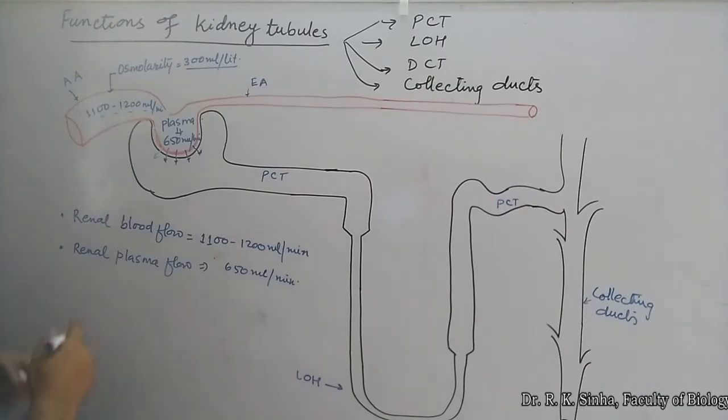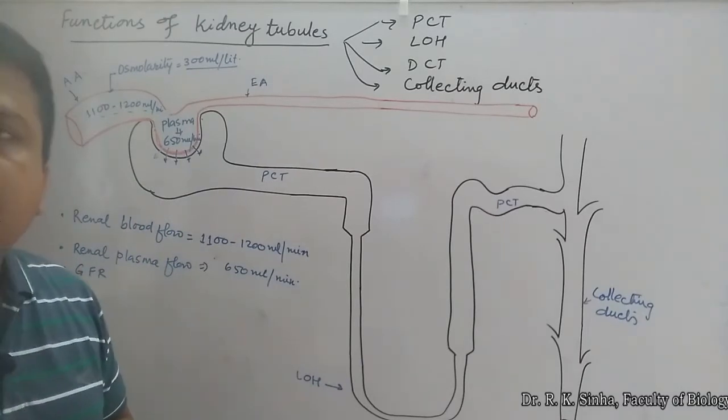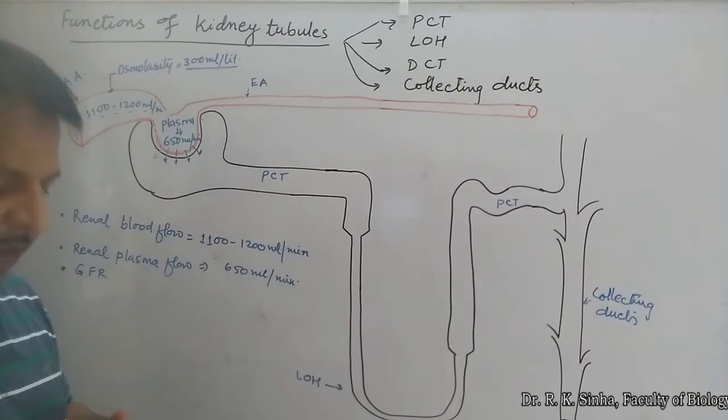So what is GFR? As we know, GFR means the amount of renal plasma that will be filtered by this glomerulus through the mechanism of ultrafiltration. This is known as glomerular filtration.